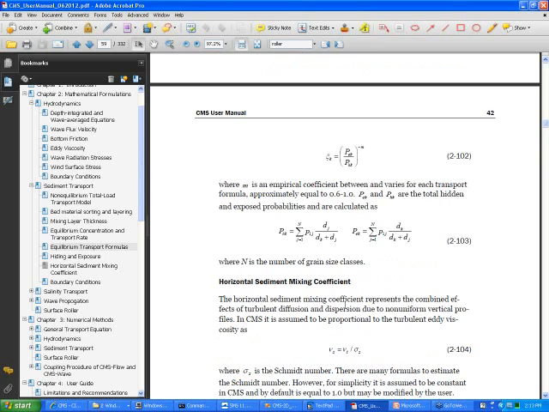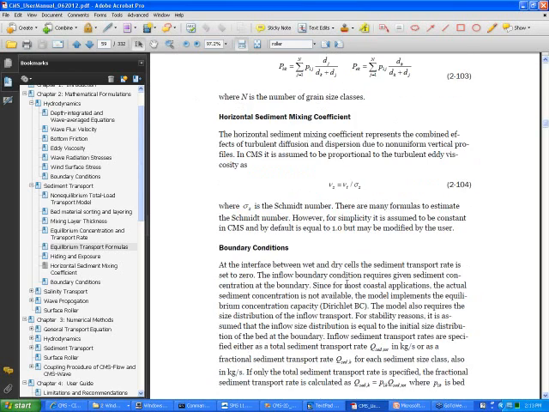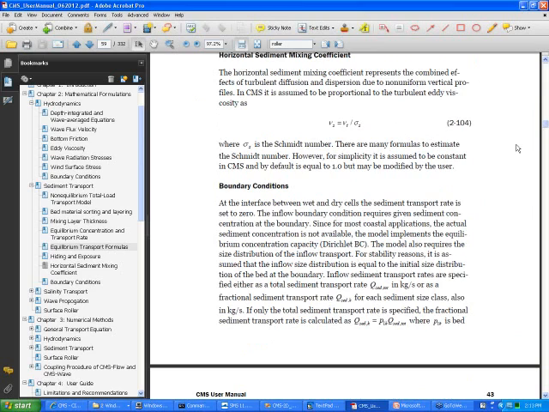So when setting up a project, for the preliminary runs, the test runs, I would recommend setting them up with a single size sediment transport model, and then once you've got that working, you can add complexity to the problem by including multiple grain sizes. Are there any questions before I move on with this?